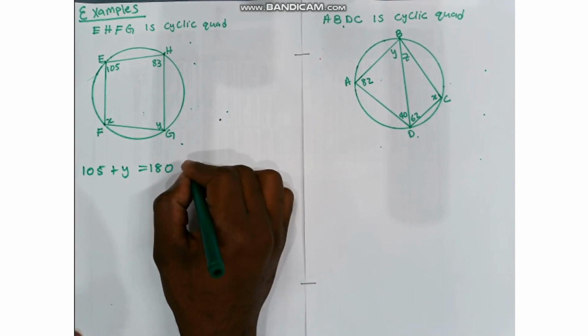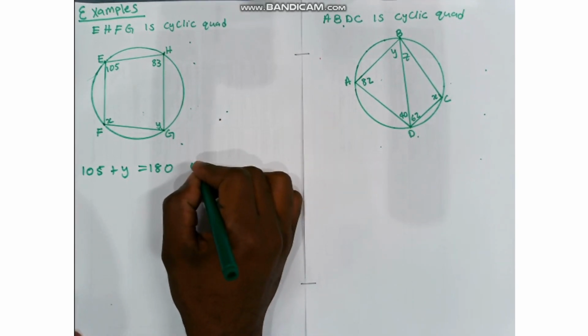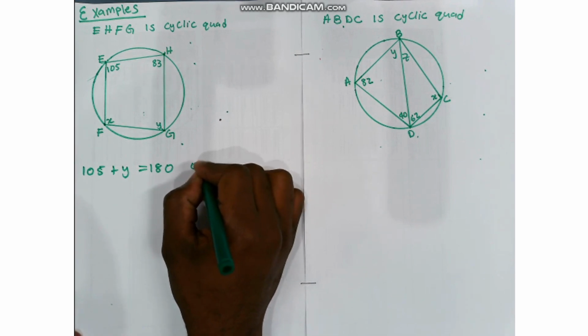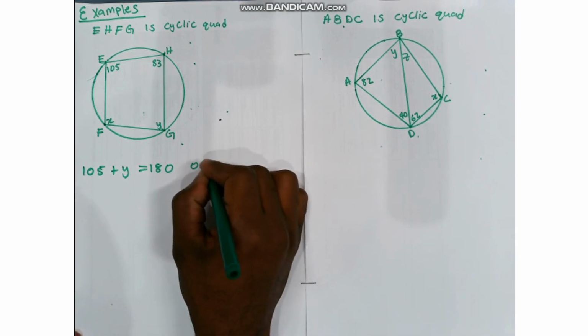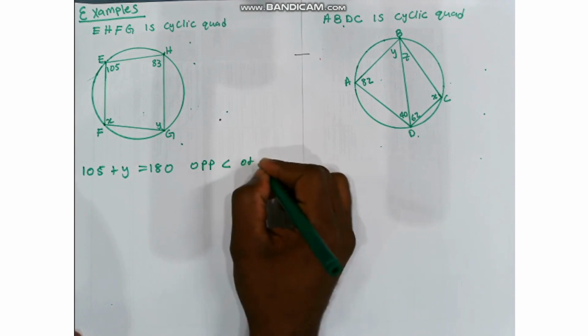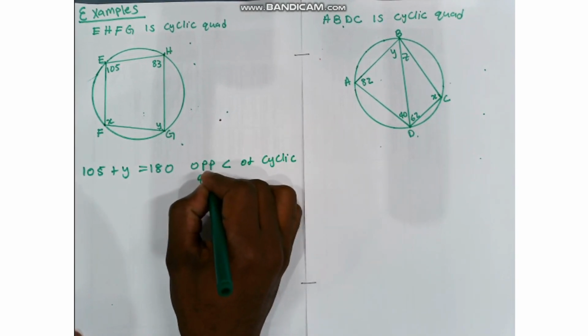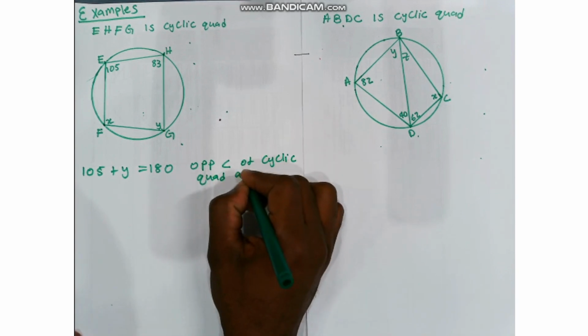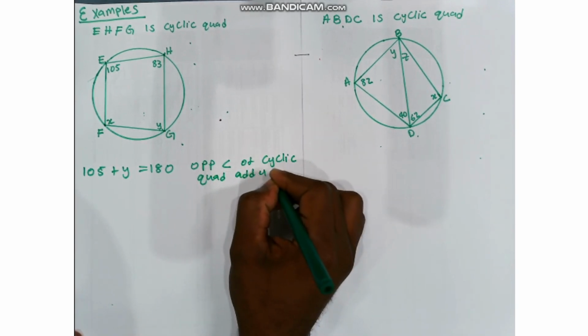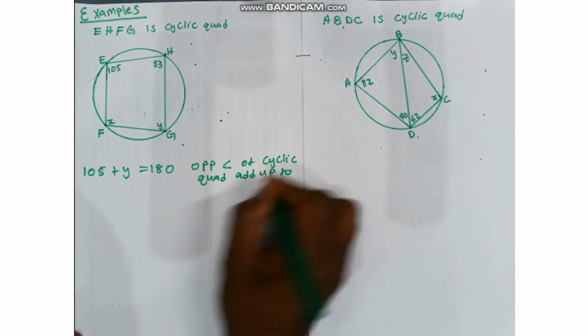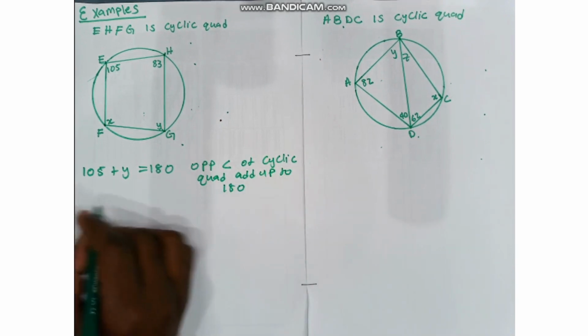Opposite angles of a cyclic quad add up to 180.